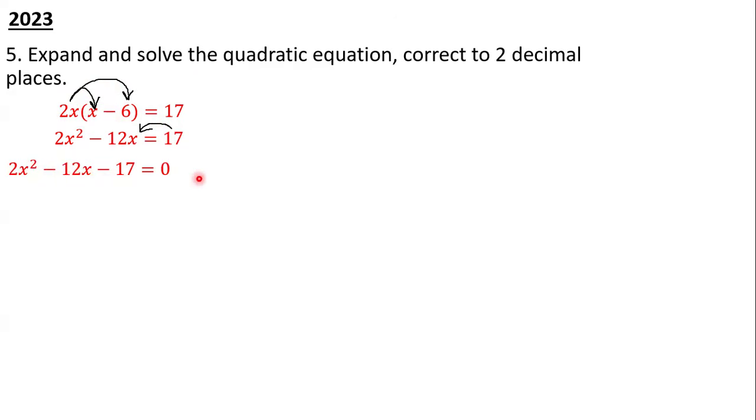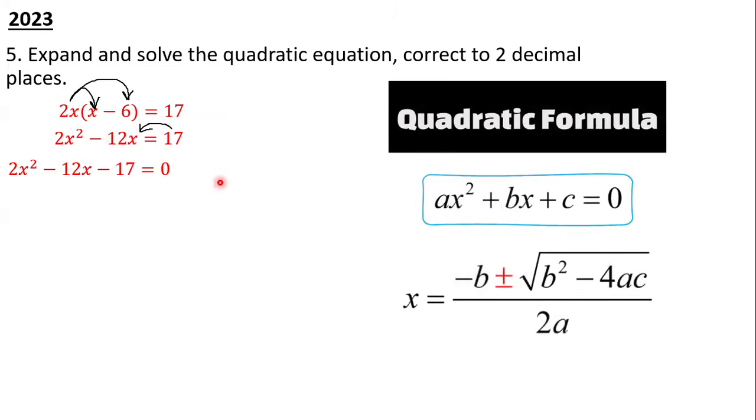And so what we do here is we can apply the quadratic formula because we have a quadratic equation, all right? The general form of a quadratic equation is ax squared plus bx plus c is equal to 0, where a is the coefficient of x squared, b is the coefficient of x, and c is a constant.